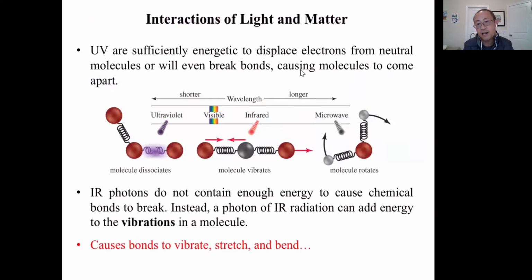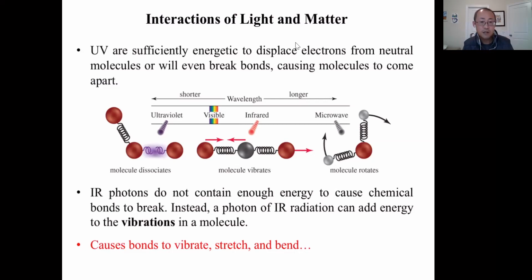Why molecules like carbon dioxide and water can absorb IR. This picture shows a summary of how different radiations will cause different behavior of a molecule. We learned that UV in chapter 2, UV, because it has higher energy than visible light. The energy is relatively higher.